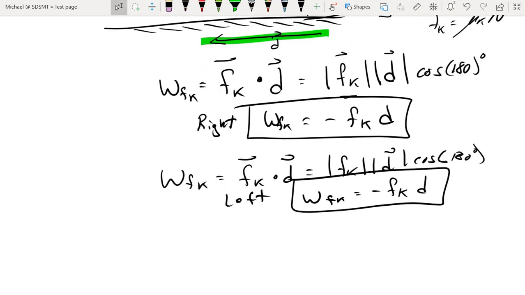Friction does negative work moving to the right. It does negative work moving to the left. So what's the net work? It's not zero, because we have two negative quantities, and when we add them together, I get something more negative.